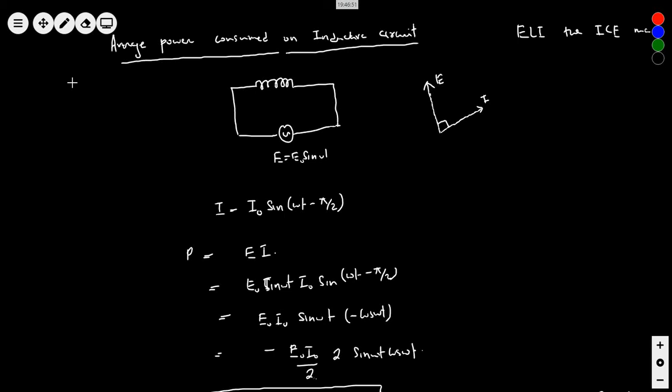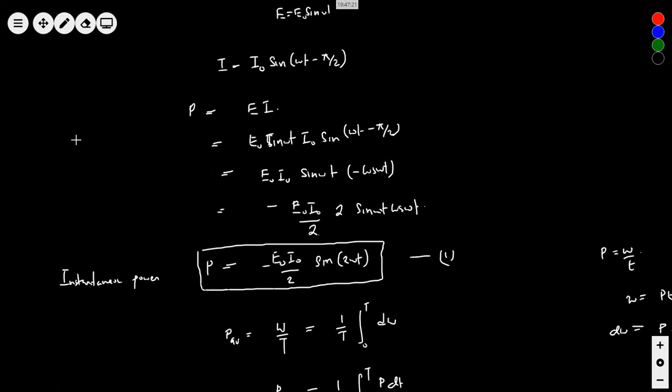We are forgetting the concept of induced EMF and induced current. So when the flux is changing, as the voltage increases, what happens? An EMF is also induced. As the current goes from 0 to maximum, an EMF is induced. Magnetic flux linked with the solenoid also increases, right?